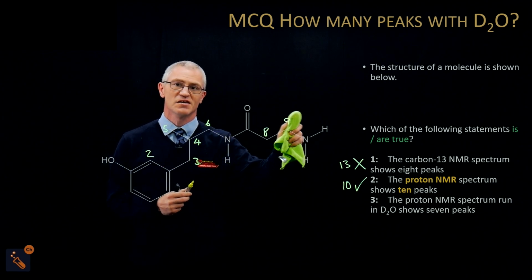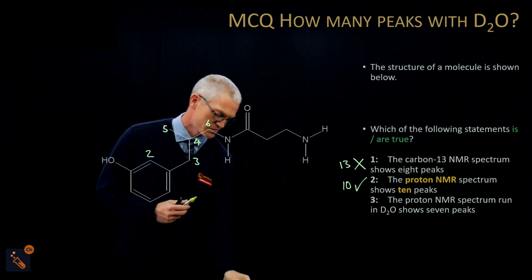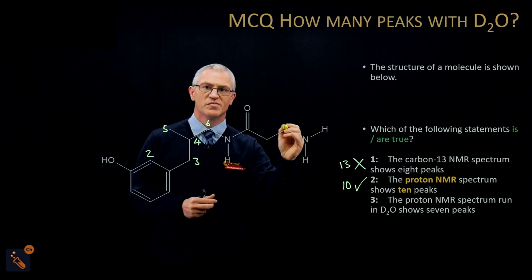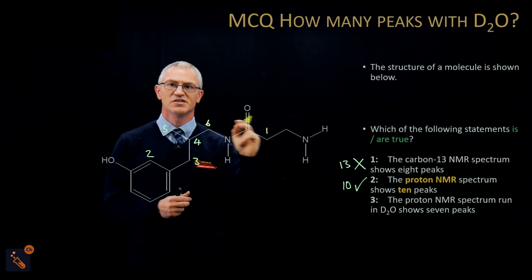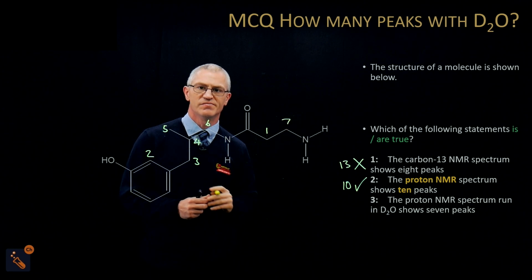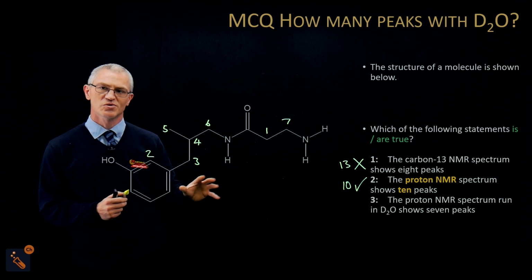So I've got some confusing numbers here, but let's see if we can work with this. Let's get rid of that and that. So we put that as 1. So 1, 2, 3, 4, 5, 6, 7. So we've got 7 different protons.